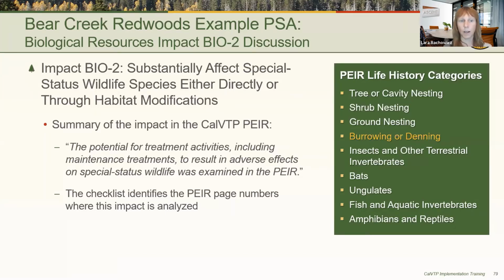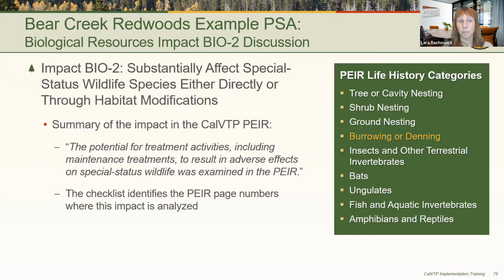In our example project, mountain lion is known to occur in the Bear Creek Redwoods Preserve and recently became a candidate for listing on the California Endangered Species Act. Although mountain lion was not included in the list of special status species in the PEIR because at the time it was written in 2019, it did not meet the criteria for special status.